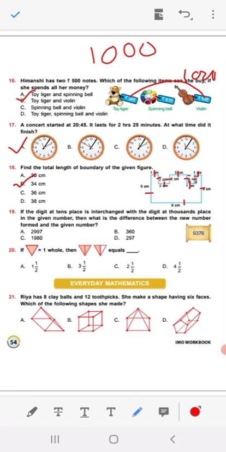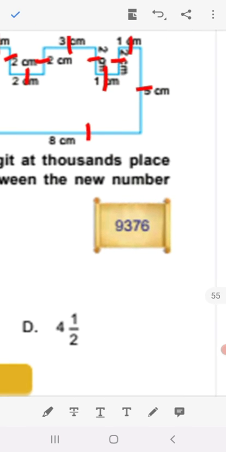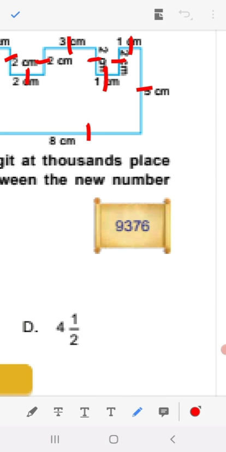If the digit at the tens place is interchanged with the digit at the thousands place in the given number, then what is the difference between the new number formed and the given number? See here, the given number is 9376. If we interchange the thousands place and the tens place, then the number becomes 7396.